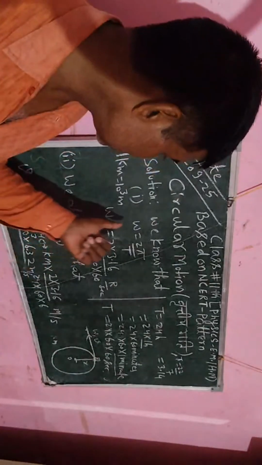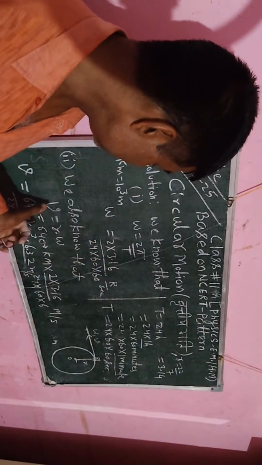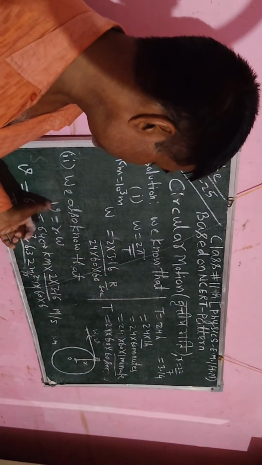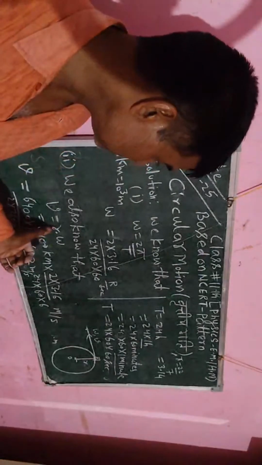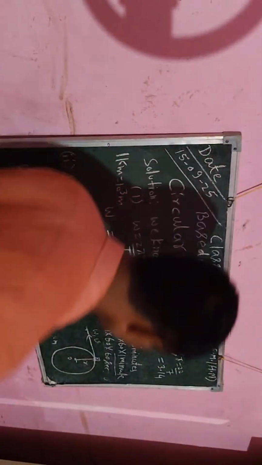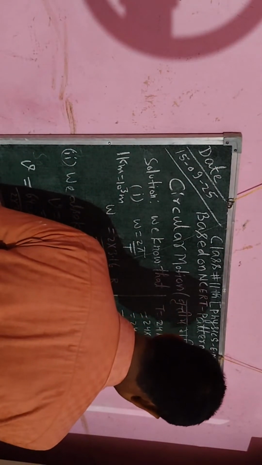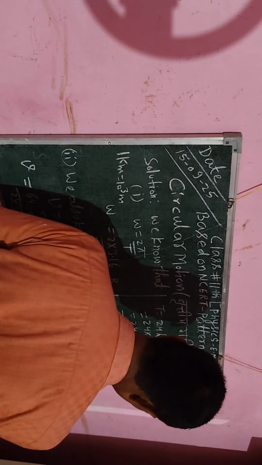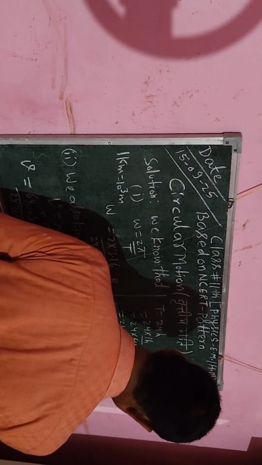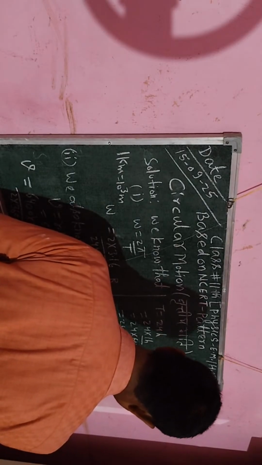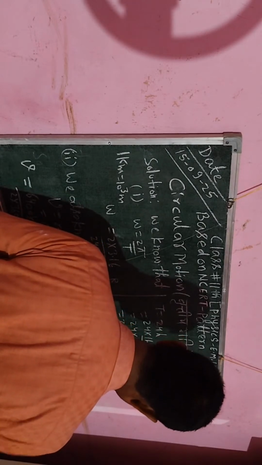Angular velocity is given by the formula omega is equal to 2 pi by T, and linear velocity has the formula v is equal to r into omega. Here we have to substitute the value of r, which is from the center of the circle to the periphery of the circle. This value is r, 6400 kilometer, and in 1 kilometer I have written 10 to the power 3 meter.